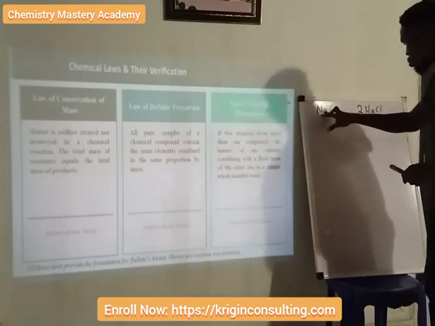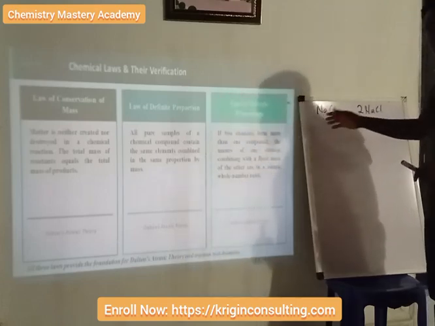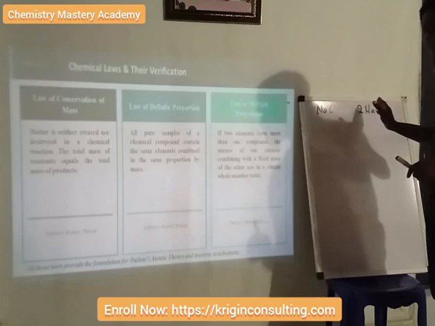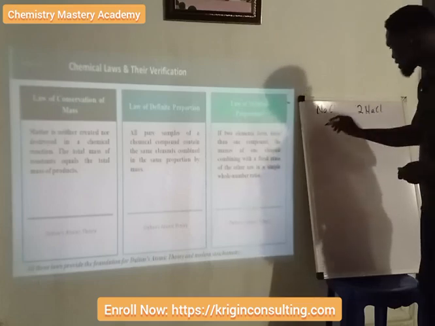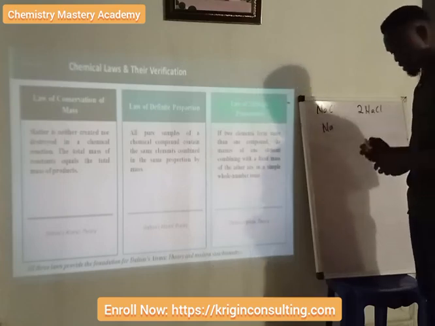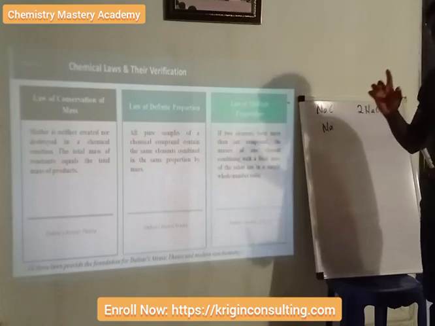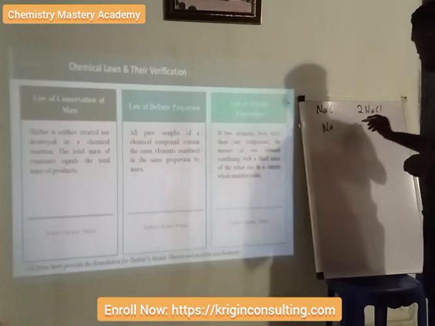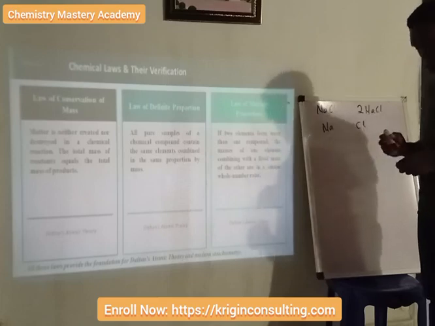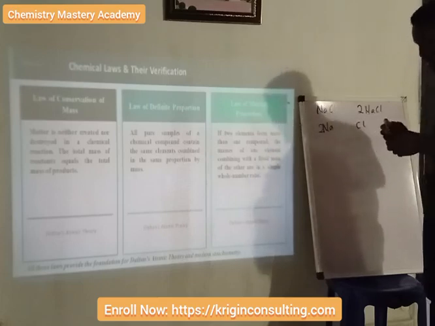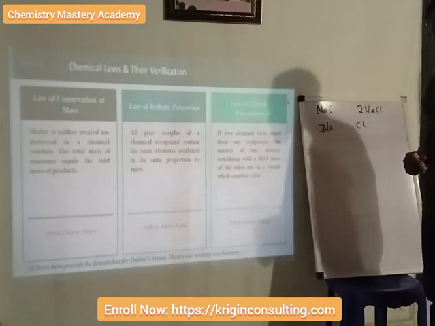First of all, two elements forming different compounds. Now, let's say this Na wants to combine with a fixed amount of Cl.